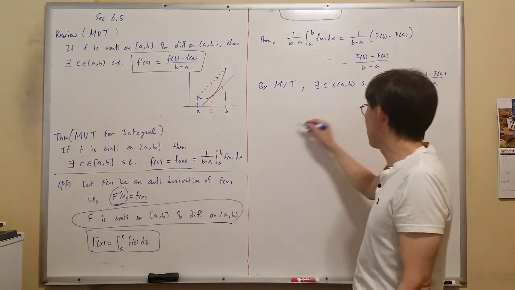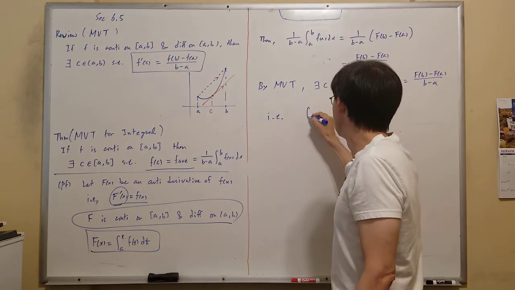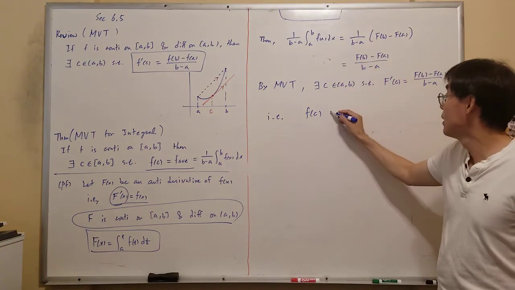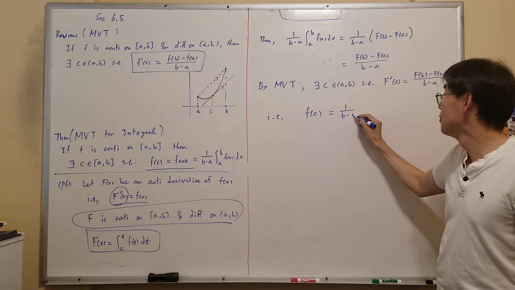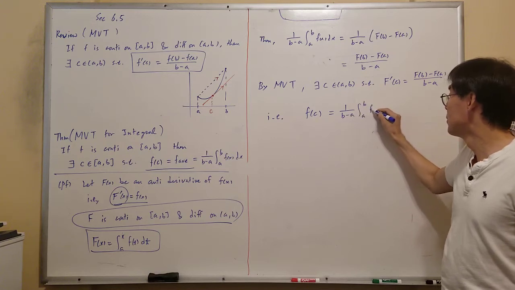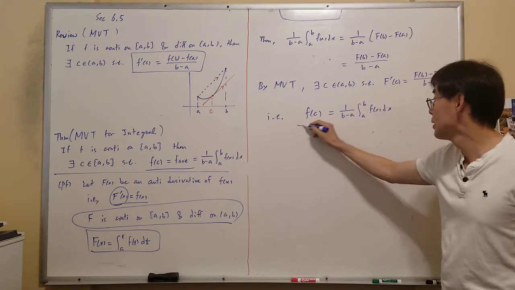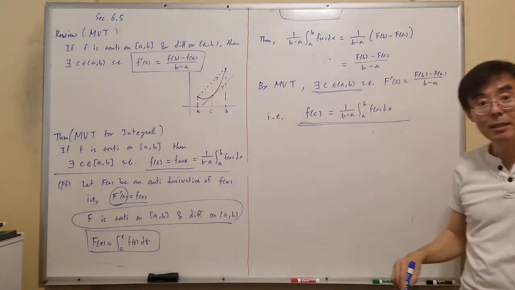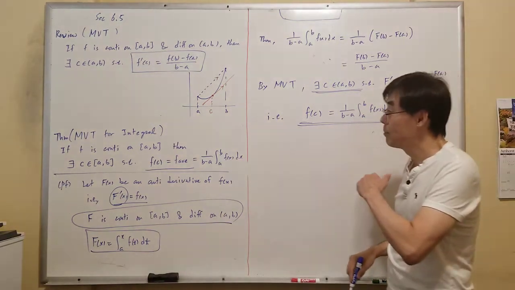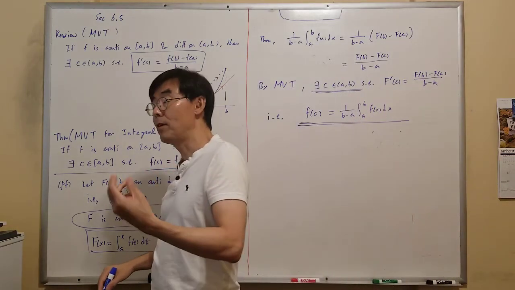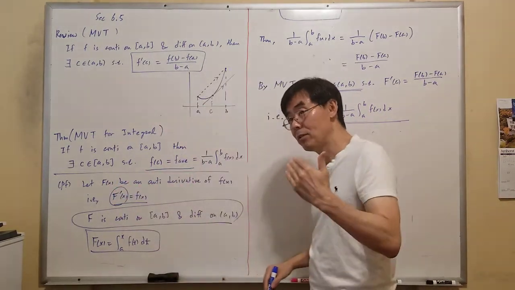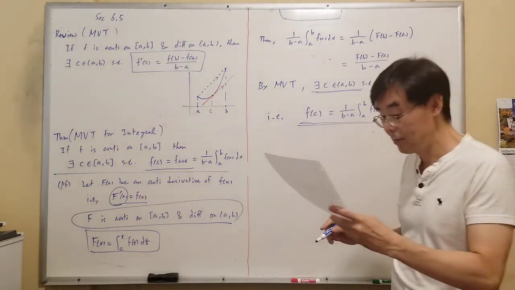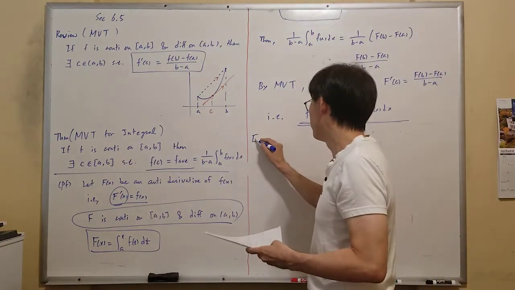What is capital F prime of c? Lowercase f of c. This is it. We must have such a c value between a and b. There must be a point where the function value is the same as the average value, as long as lowercase f is continuous.